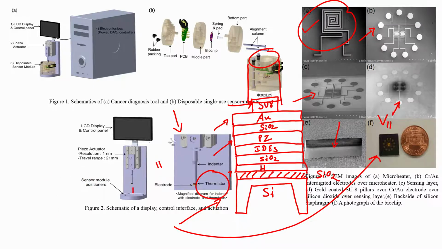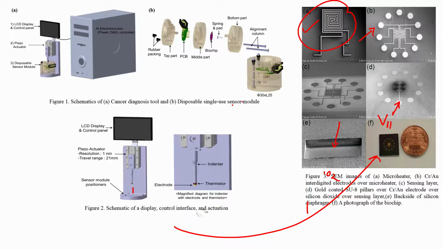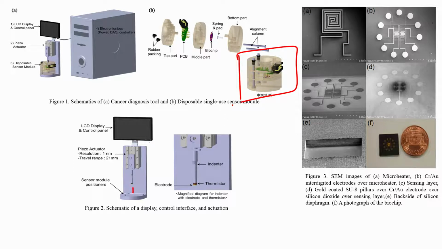Now, this is for a particular application, and then where is this tissue kept? This tissue is kept in the casing that you can see here, and this casing is made with the help of 3D printing material, 3D printer, all right. I will show you how a 3D printer works in one of the lab classes.